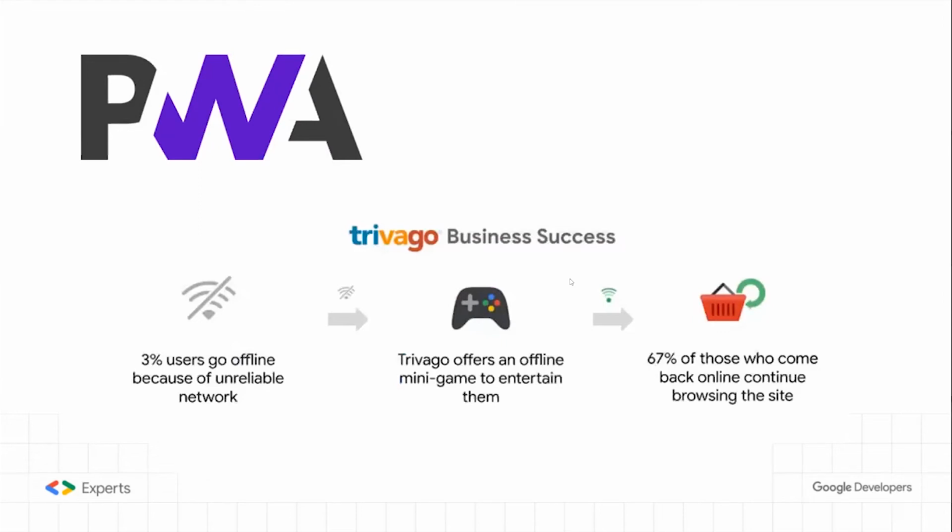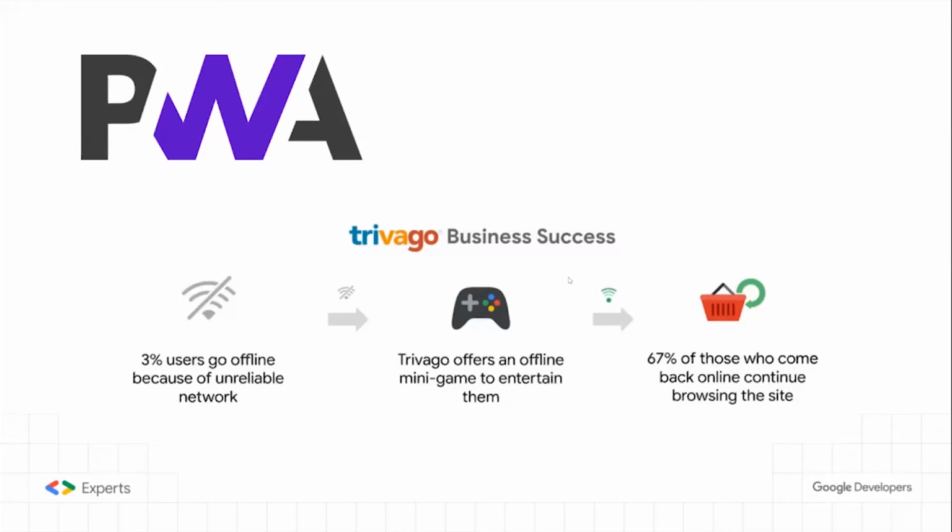Now, there's another business success case study here, which is Trivago. When 3% of users go offline because of an unreliable network, their web app offers an offline mini game to entertain them, which allows 67% of those who come back online to continue browsing their site.